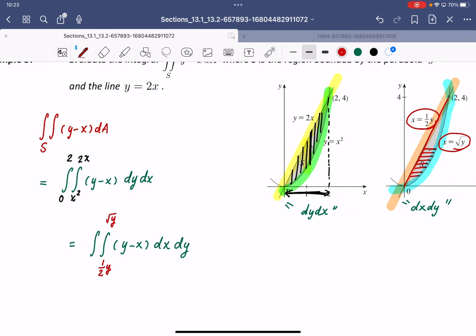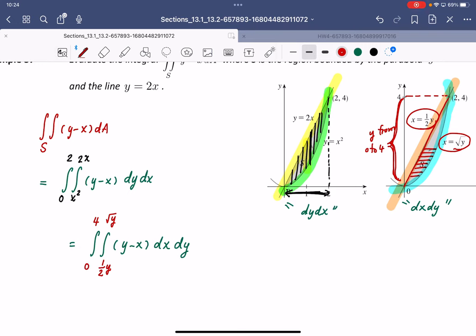Then y goes from 0 to 4, because this is the range of all the y values that you are going to slice. So y is from 0 to 4. Make sense? This is how you do the integration.